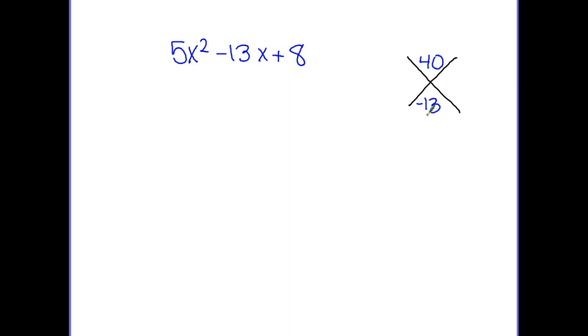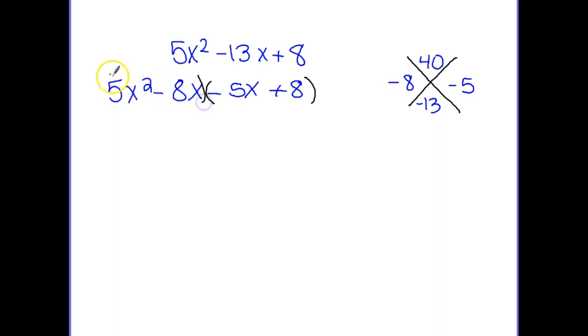So if the top's positive and the bottom's negative, both my factors have to be negative. Good. Make sure when you group and they're both negative, you put the negative in your parentheses.